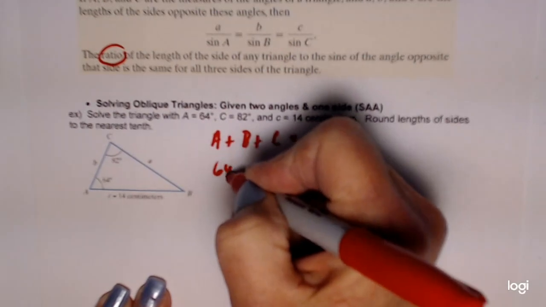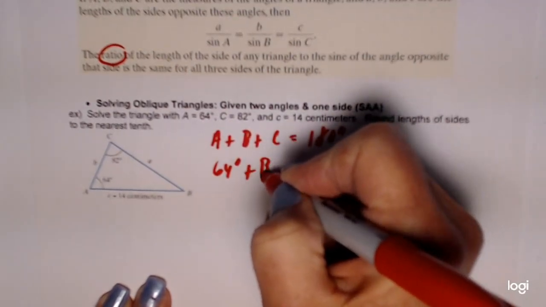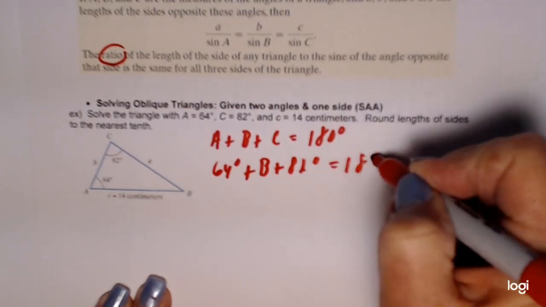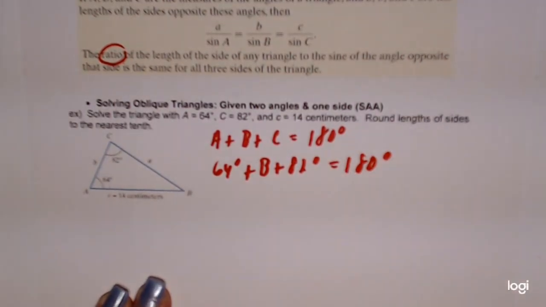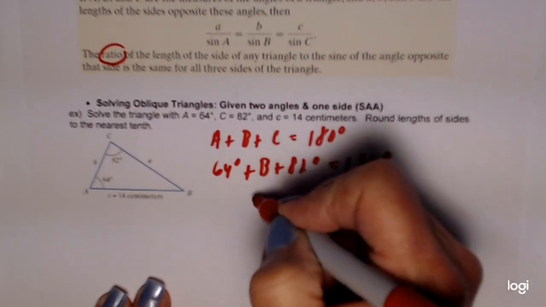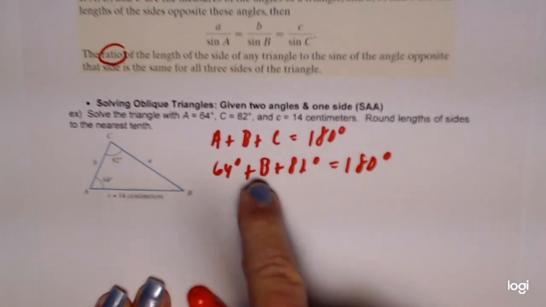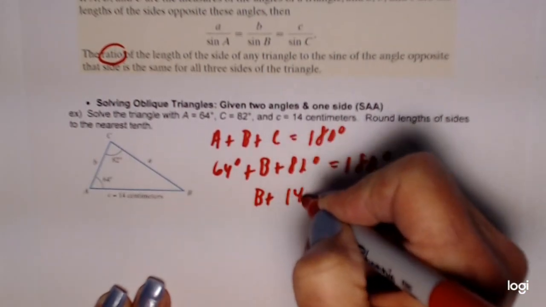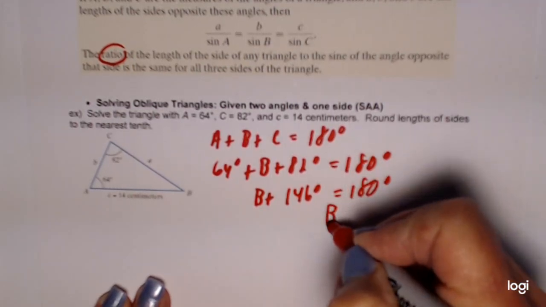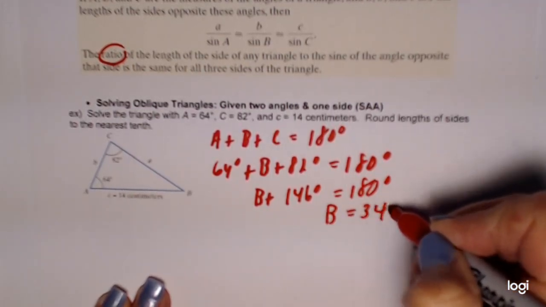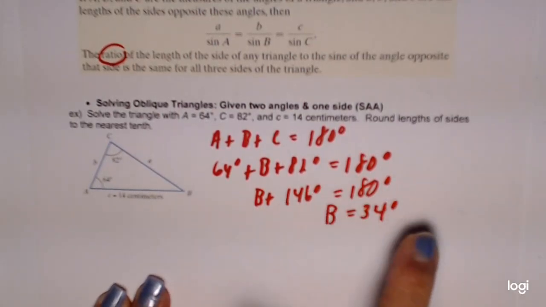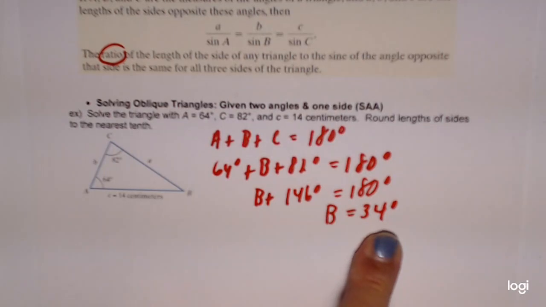So A is 64 degrees, we don't know B, C is 82 degrees, and this all equals 180. I will add 64 and 82. So B plus 146 degrees is 180. Subtract 146 from both sides, and there's our angle B, 34 degrees.